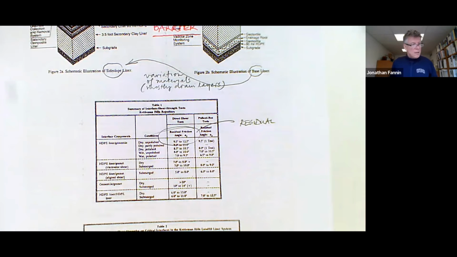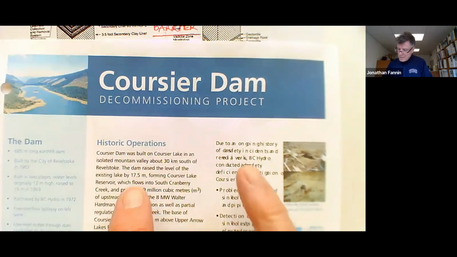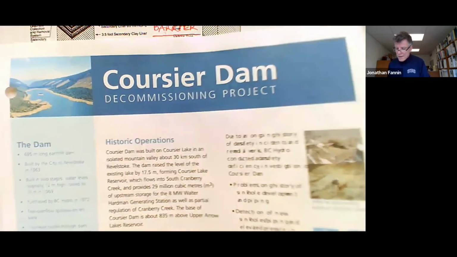Okay. And I encountered this myself when I got pulled in to provide just one part of the puzzle on a project. That project was Curzio Dam. I'll show you a little bit on this, and then we'll move from the dams to the barrier systems. But Curzio Dam was a dam that BC Hydro acquired.